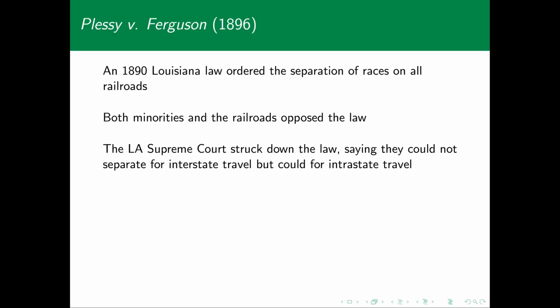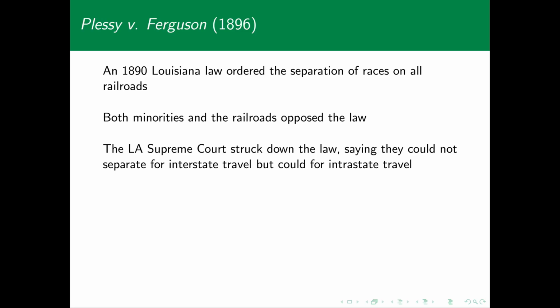So, for instance, if somebody was boarding a train in New Orleans and they were coming to Jackson, they would have to be separate. The Louisiana Supreme Court said that's unconstitutional. Louisiana's not allowed to do that. But Louisiana can require separation of races for intrastate travel. So if you're going from New Orleans to Baton Rouge or something like that, the cars could be separated.